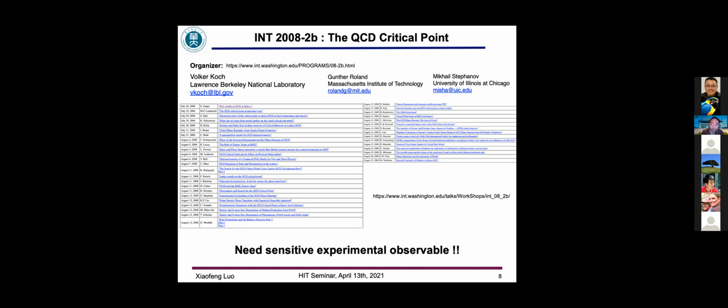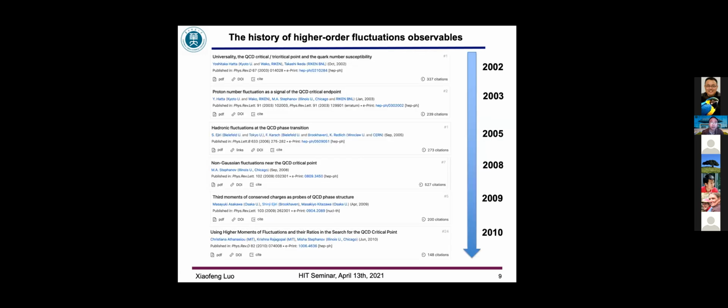So people were excited at that time. The history of the higher order fluctuation observable did not jump out suddenly; the observable gradually developed. I found the first paper starting from here: Hatta and a collaborator discussed the quark number susceptibility near the critical point, and they were discussing the higher order fluctuations.